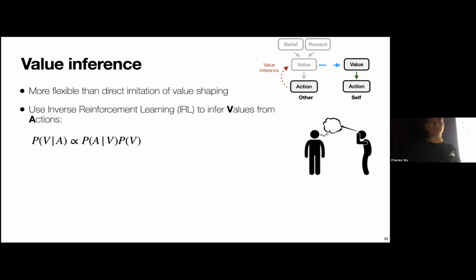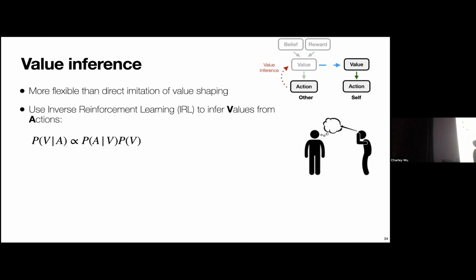And one framework for performing this type of inference is to use inverse reinforcement learning. The basic idea follows Bayes' rule, where we're trying to infer some distribution over values given their action. And this is proportional to some prior beliefs about their value and a likelihood, right?